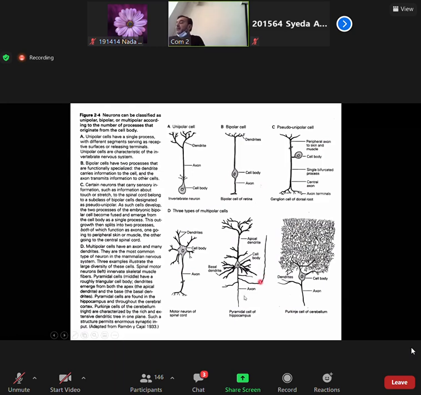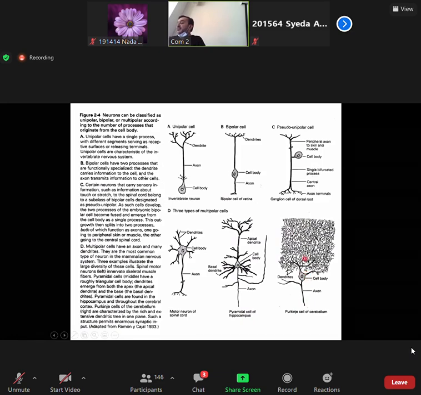The other example is the pyramidal cells of the cerebrum and hippocampus, where you would see the cell body, which is triangular in shape or pyramidal in shape. That's why it is called pyramidal cells. And then you have the dendrites, and you have one axonal process. The other type of multipolar cell is like a tree.